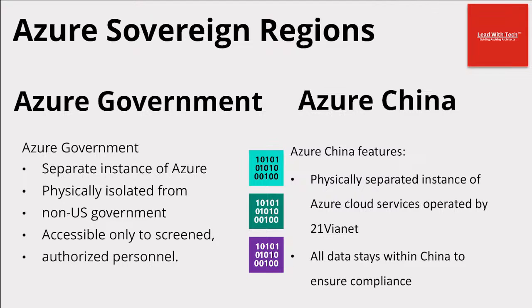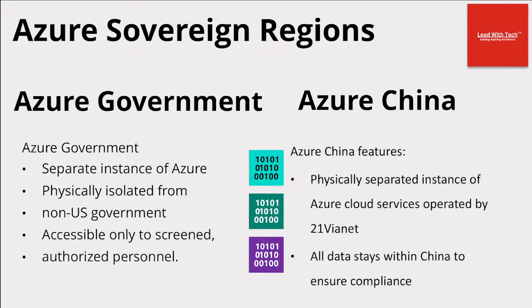Whenever we are configuring availability zones or Azure regions, and then setting up your replication, data backups and recovery, it's important to know you will not be able to pair or configure backups for some of these sovereign regions like Azure Government or China. They have a separate instance of Azure which is physically separated from the public clouds that we use, and access is also controlled to authorized personnel.